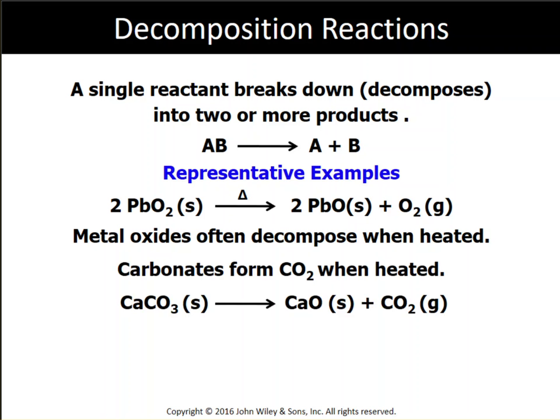For example, if you have a carbonate, metal carbonate, or any carbonate, could be even carbonic acid too, when it decomposes, it produces carbon dioxide. So notice that from the decomposition of carbonates, carbon dioxide is formed.